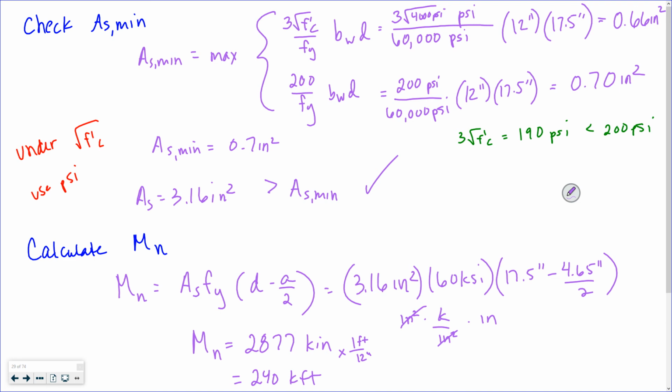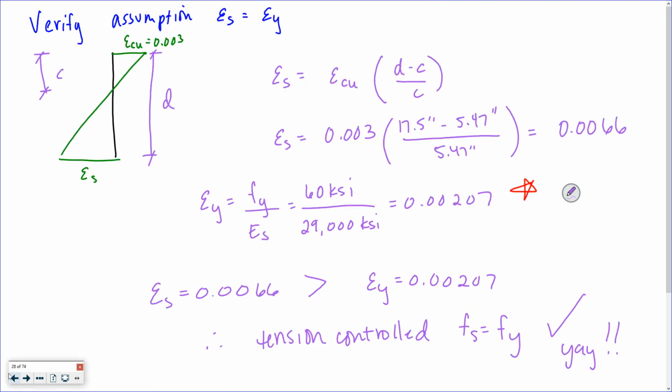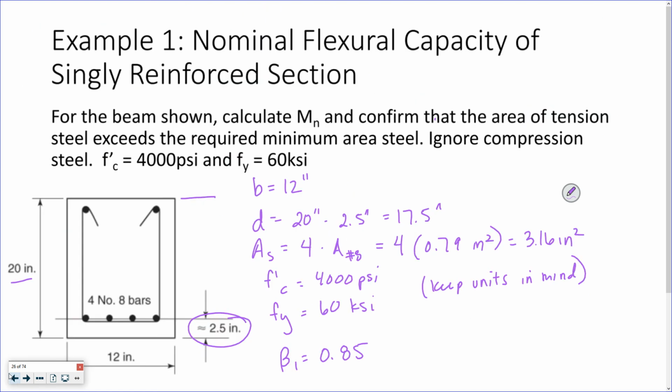So that's how you analyze a section. You're given a section and you have to calculate its capacity. Right now we're sticking to singly reinforced, meaning we're only taking into account the tensile reinforcement down at the bottom.